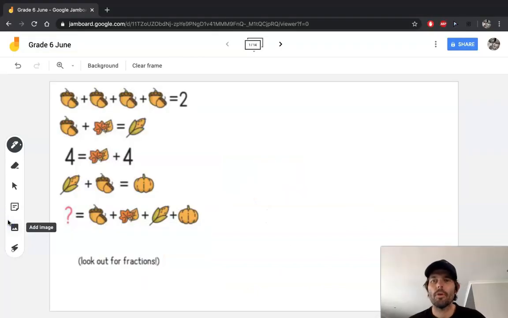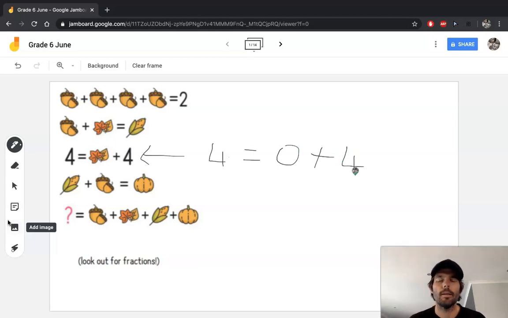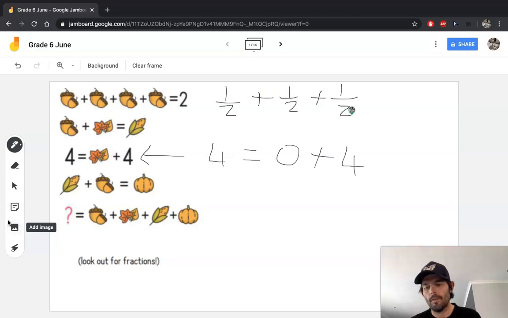I'm going to start on the third line, and I can see that 4 is going to be equal to 0 plus 4. So quite a nice, easy starting point. I'm then going to go to the top line, and I know that a half plus a half plus a half, and again another half is going to be equal to 2.